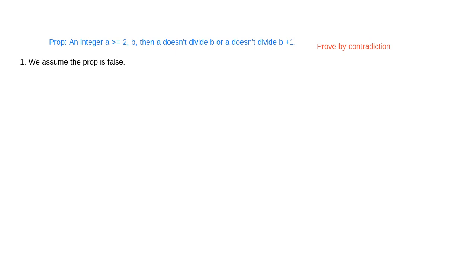We assume there are integers A and B with A greater than or equal to 2, such that A divides B and A divides B plus 1, because before it was or, now the negation becomes and. In the proposition, both A and B are integers, with the extra condition that A is at least 2. So we negate the whole statement: we assume there are integers A and B with A greater than or equal to 2, such that A divides B and A divides B plus 1.